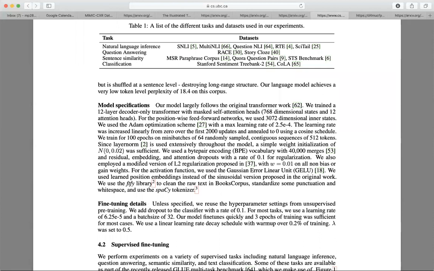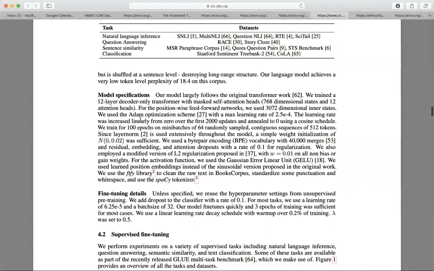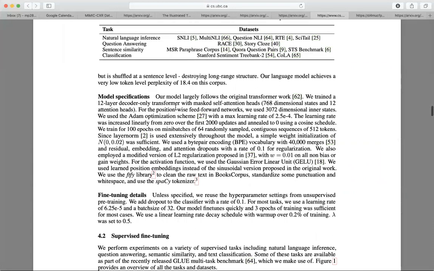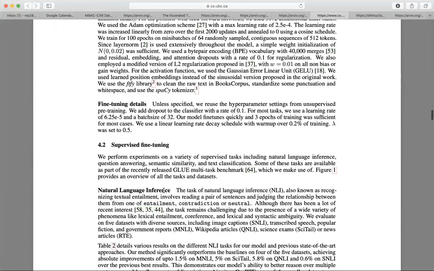Here, model specification. They were using... yeah, I'm not sure. I don't think they explicitly say.